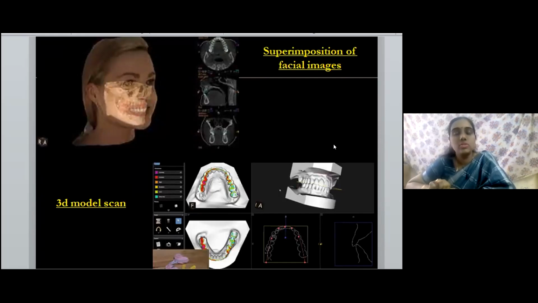Apart from these advantages in CBCT machines, you can also have a superimposition of facial images: some CBCT machines can take photographs of the patient, or you can take an image of the patient and then superimpose it with the patient's facial structures, for soft tissue assessment and for orthodontic purposes, etc. You can also take a 3D model scan of the patient, which will be useful in guided implant surgeries and so on.